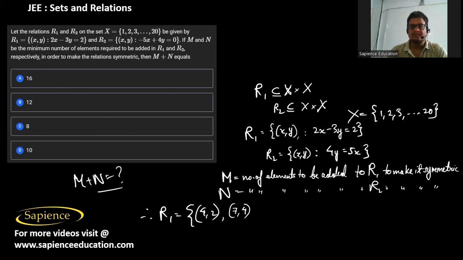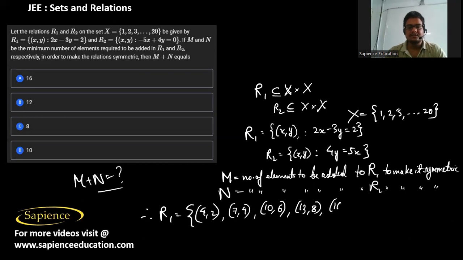14 minus 3 fours, which is 12, is equal to 2. And then we can take (10, 6), since 2 tens are 20 and 3 sixes are 18. And then we can take (13, 8), since 2 thirteens are 26 and 3 eights are 24.